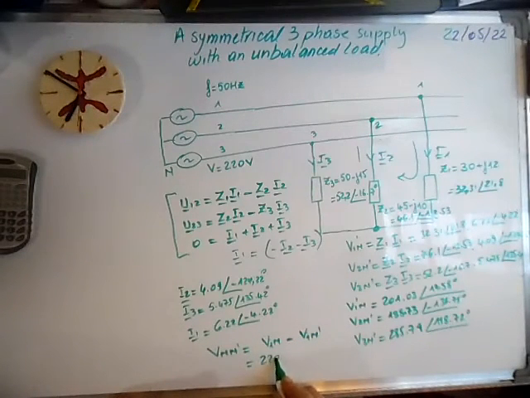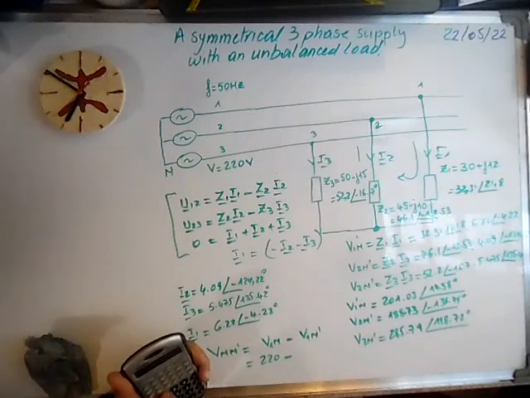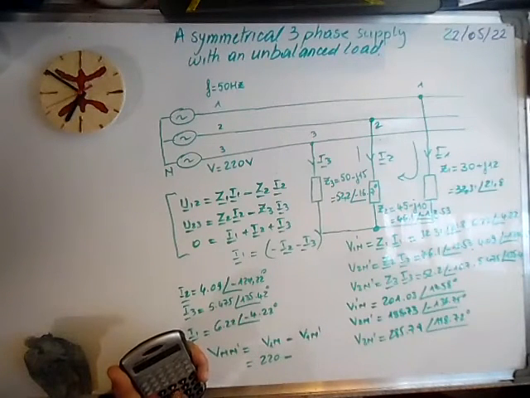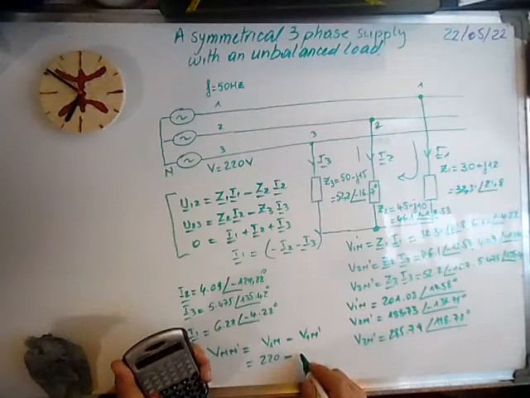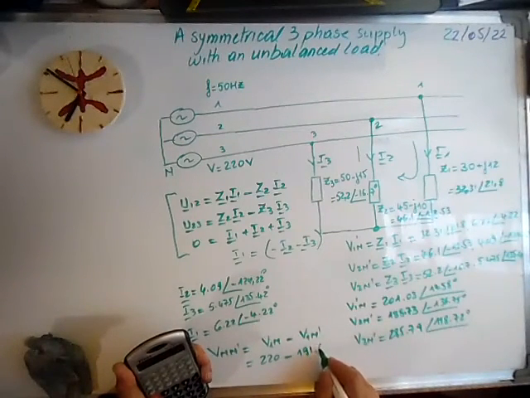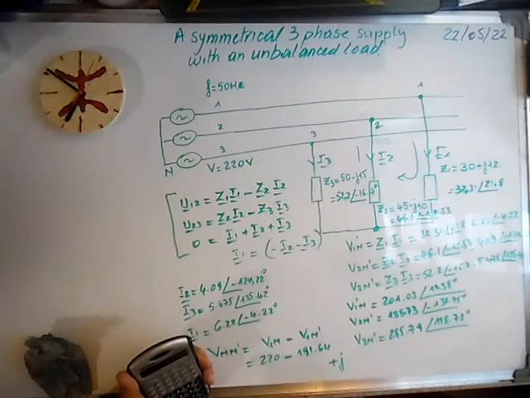Here is 220 minus what we calculated here, and it's 201.03 times cosine 17.58, which is 191.64, and the imaginary part is plus j 201.03 times sine 17.58, which is equal to 60.72.